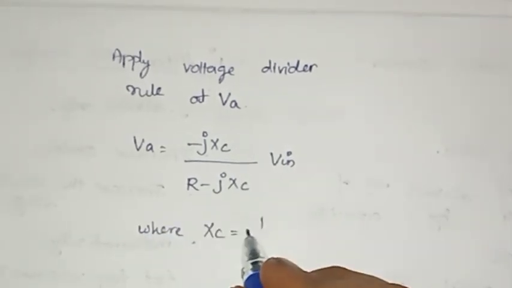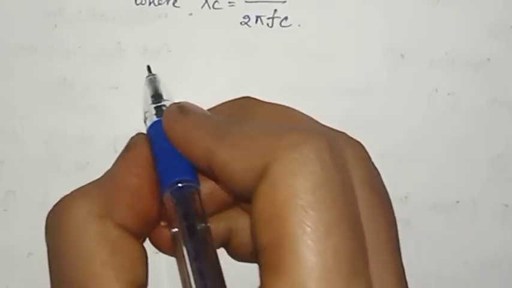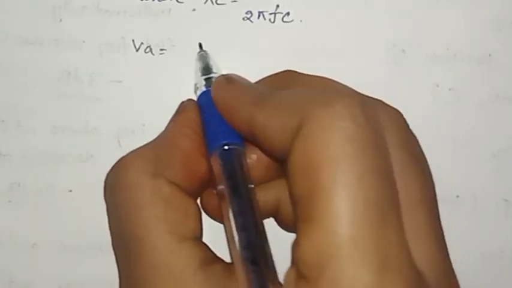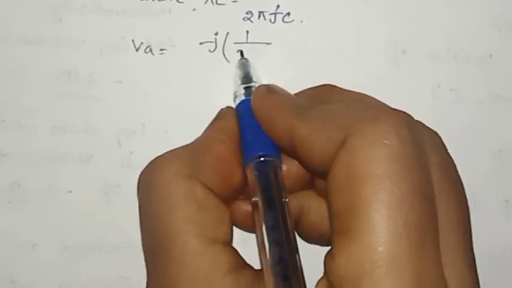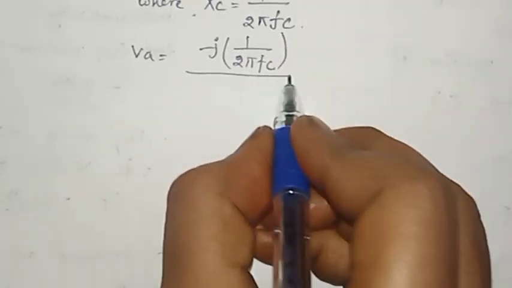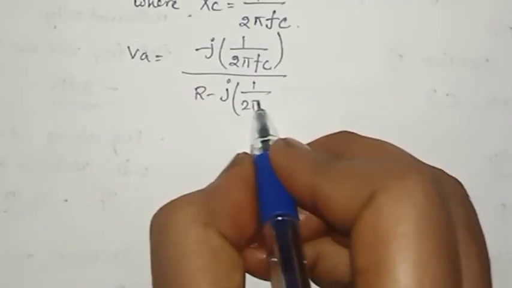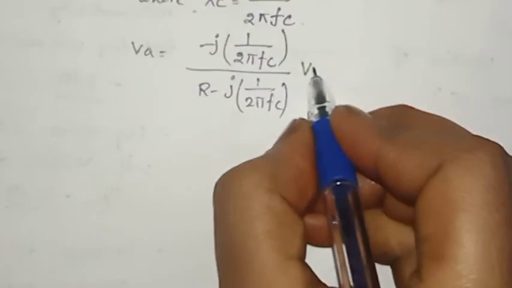Here we have to replace XC is equal to 1 divided by 2 pi FC. When we replace, VA is equal to minus j 1 divided by 2 pi FC, divided by R minus j 1 divided by 2 pi FC, into V in.